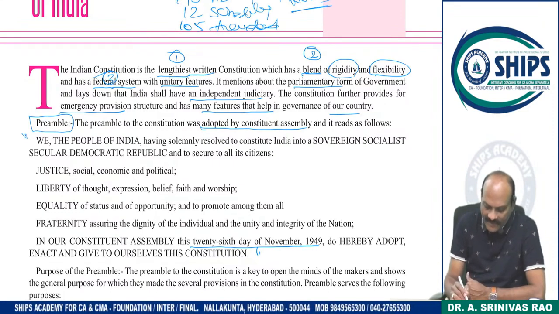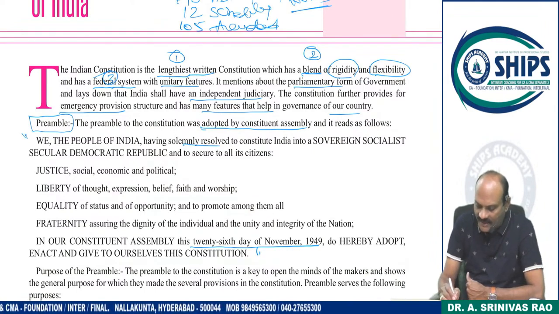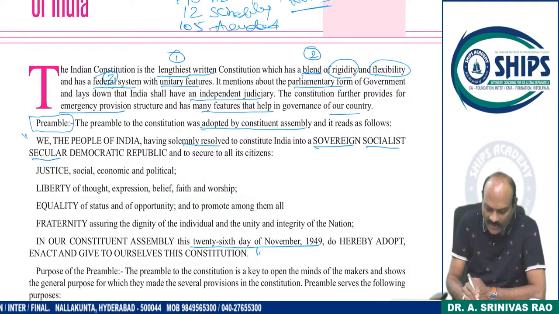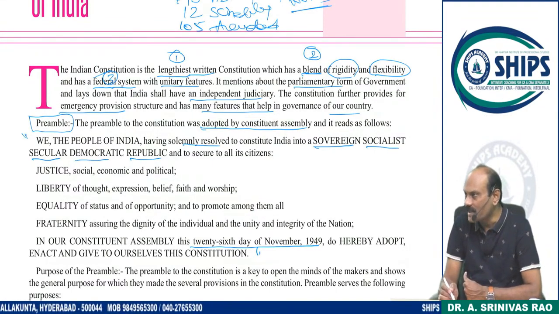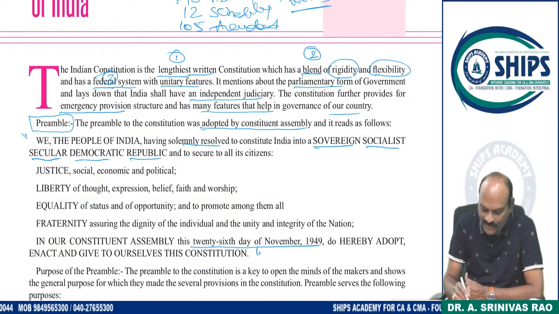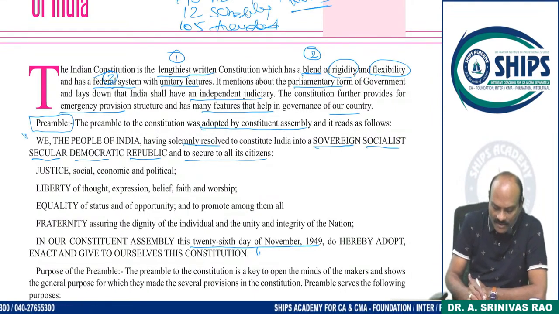We the people of India, having solemnly resolved, means agreeing, that India is a sovereign, socialist, secular, democratic republic. This word you might have come across a number of times in your school days also, right? We will give the interpretation of each word. To secure all of its citizens what?